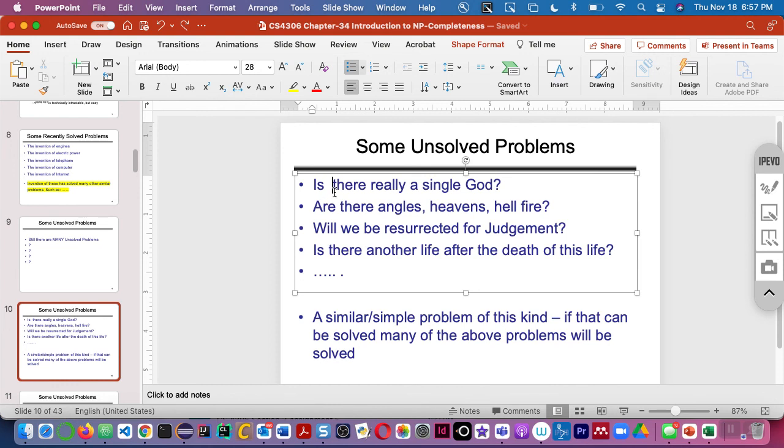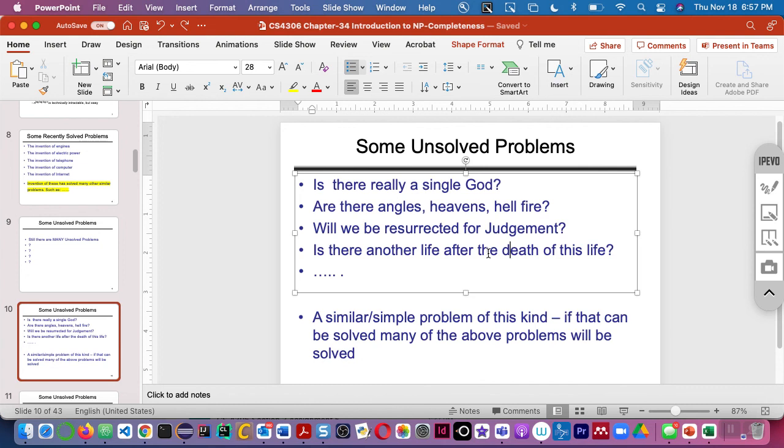The main idea is that we don't see God, right? So since we cannot see angels, we cannot see heaven, we cannot see hellfire, we do not know if there is another life after this death, we cannot do any research on this, right?